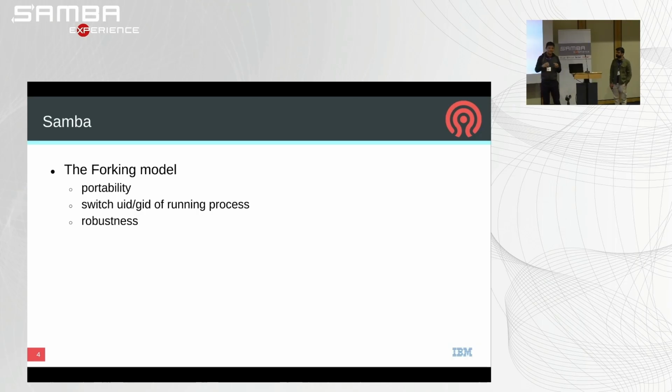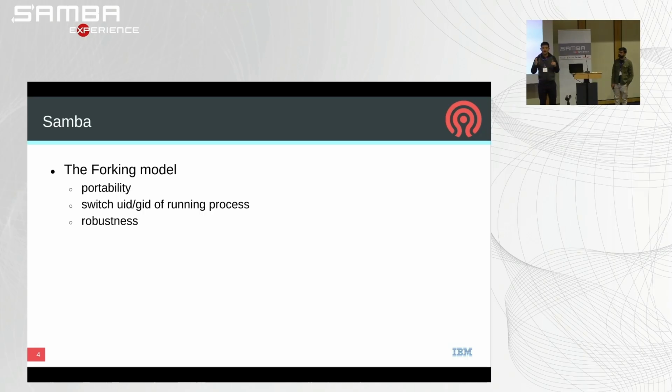The forking model in Samba is where, for every new client connection coming into Samba, we fork a new process, where the UID and GID is switched to the UID and GID of the user who's authenticated on that particular connection. Why was this done this way? There are many reasons. Some of them are portability. It's just easier writing code which runs on a lot of platforms by using this forking model.